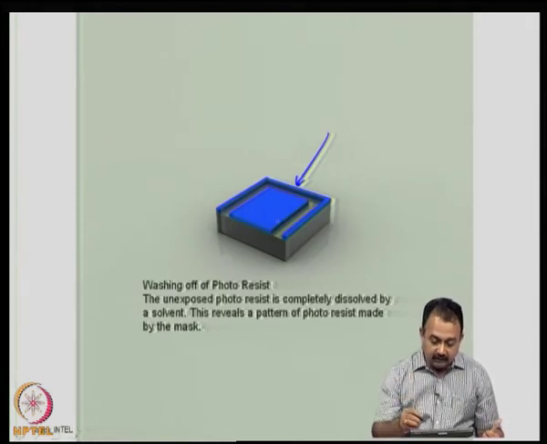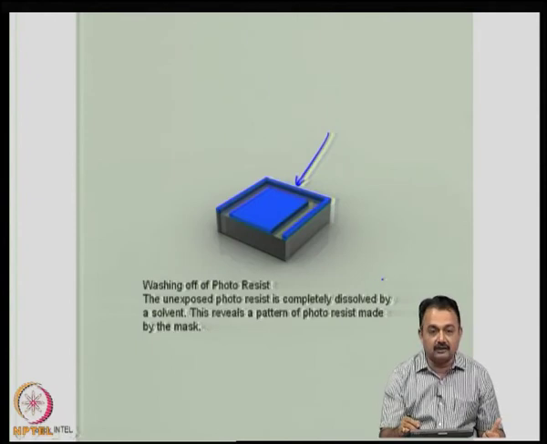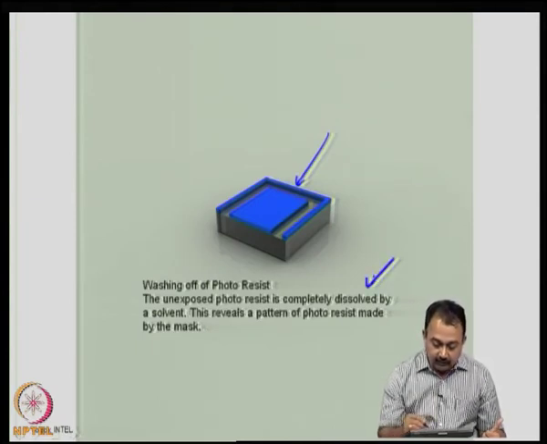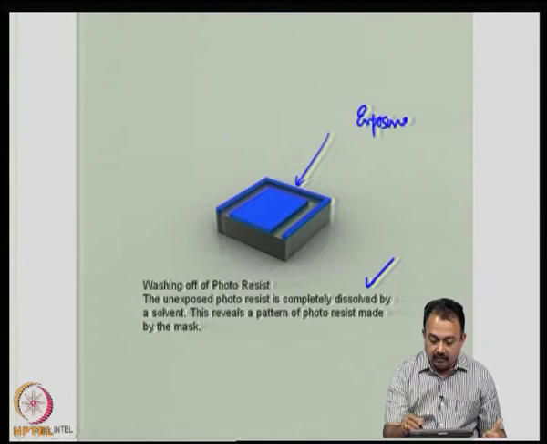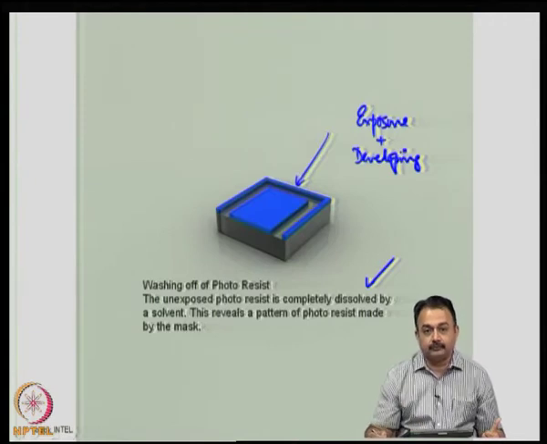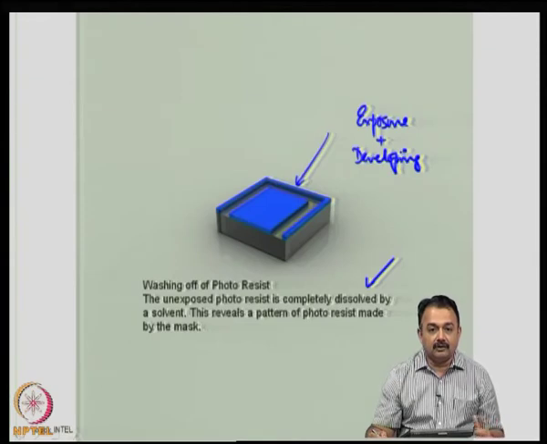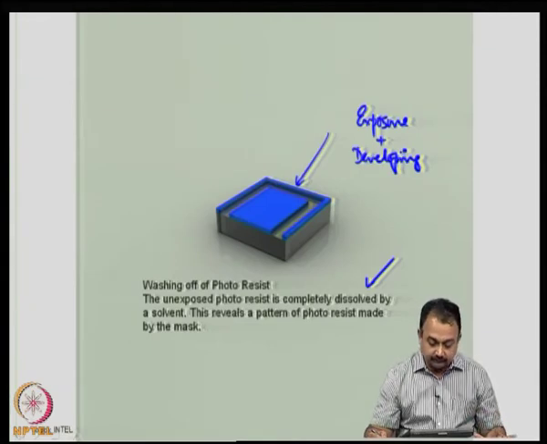Now, the unexposed photoresist is completely dissolved by the solvent, which I mentioned briefly now. So, this process of exposure plus the developing will give you a completed image, right. So, this reveals a pattern of the photoresist made by the mask.